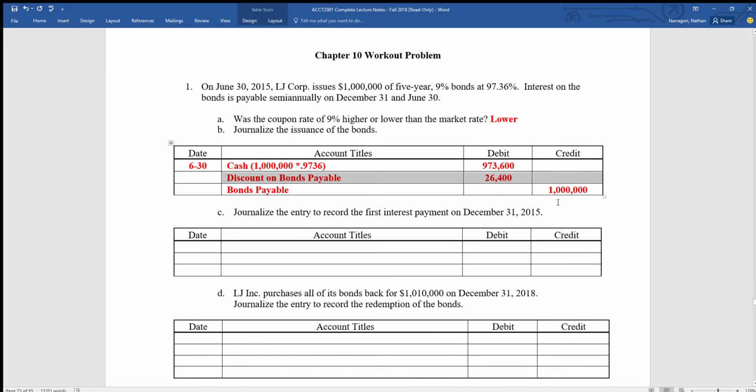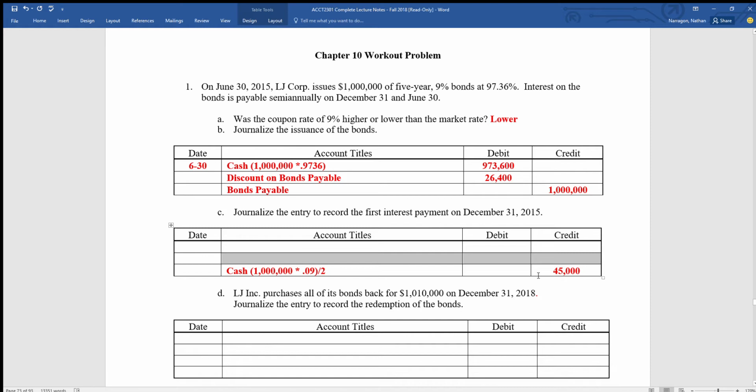Alright, so next thing we have to do is journalize the entry to record the first interest payment. First off, we have our cash, which is going to be the 1 million times 9% divided by 2. And there you go, so we got 45,000. Now we have the discount. Since this is a debit, it's going to fall into a credit portion.